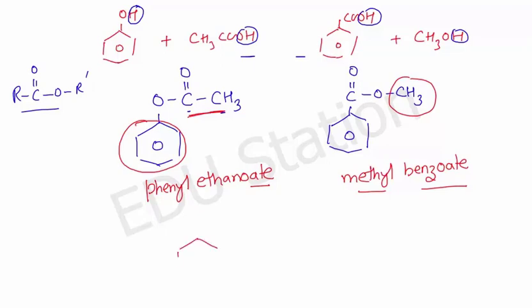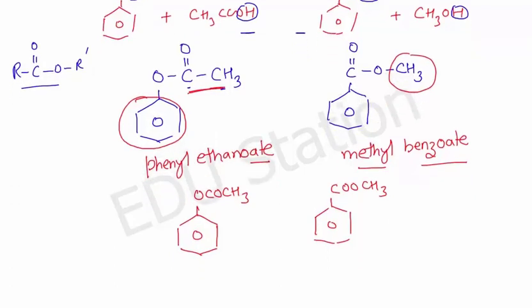In your exam they may give you the first one like this, OCOCH3. The second one is COOCH3. So very close, but the names are very different. Just go through them carefully.